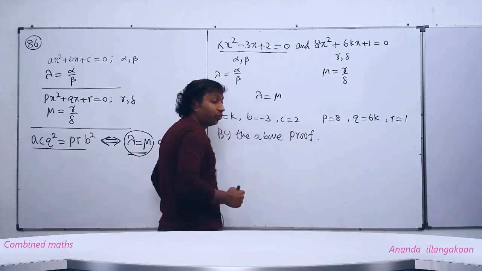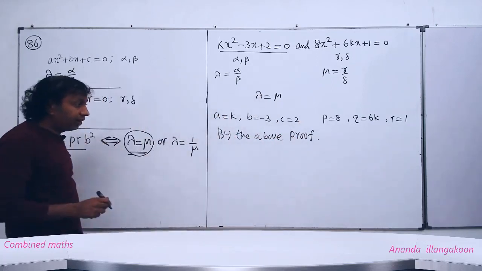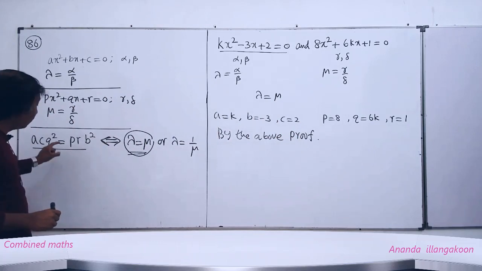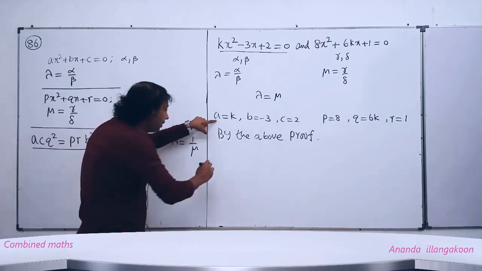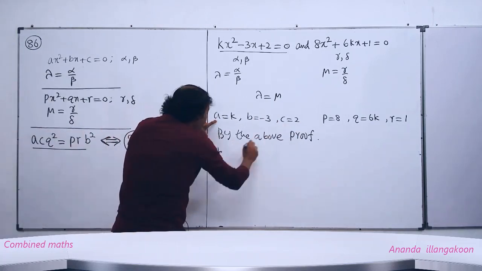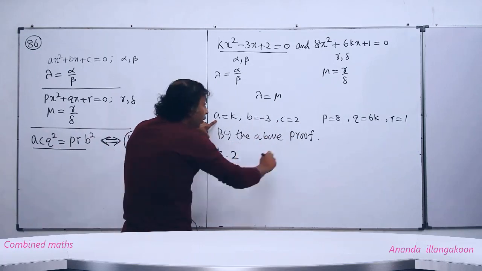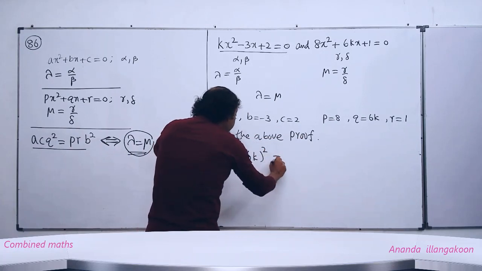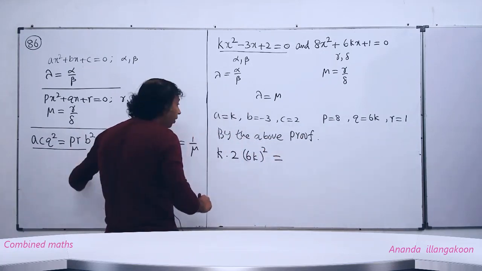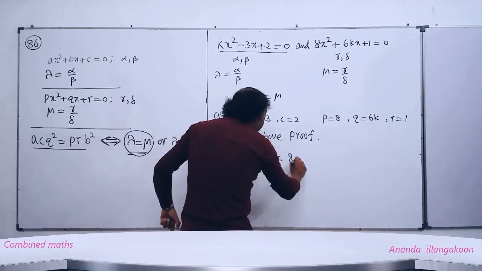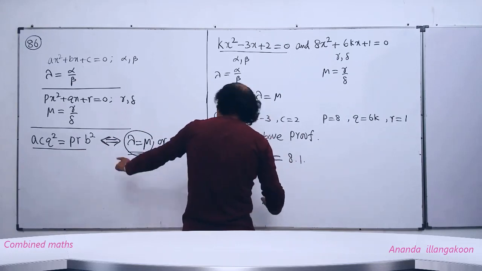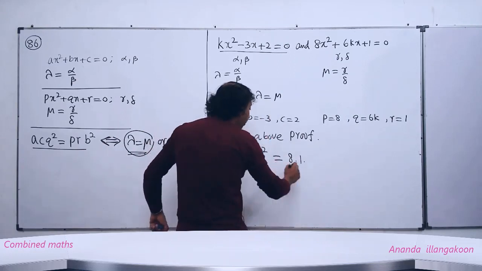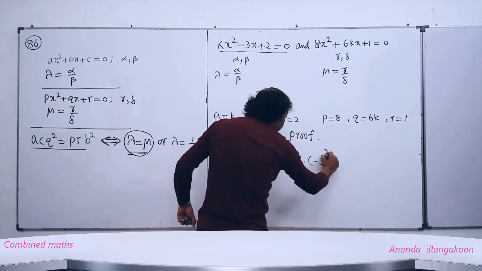What is that? A C Q squared. A is K, C is 2, Q squared is (6K) squared, which should be equal to P R, with P as 8 and R as 1, times B squared, (-3) squared.